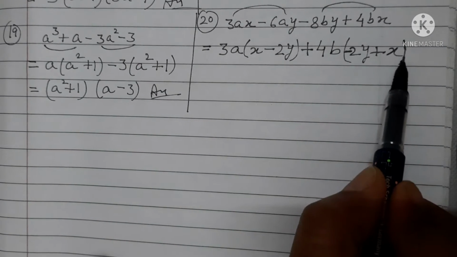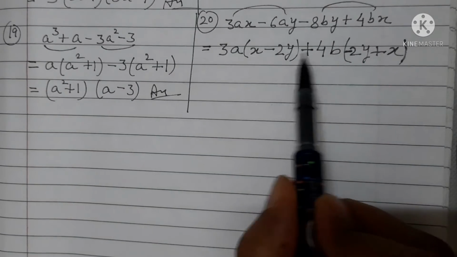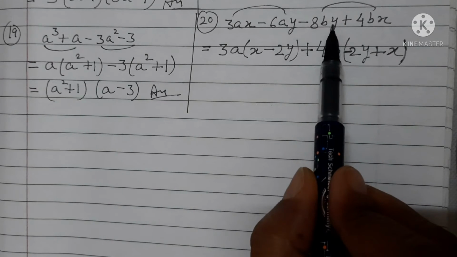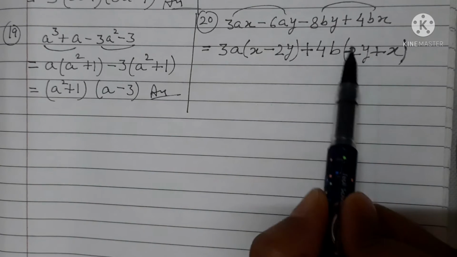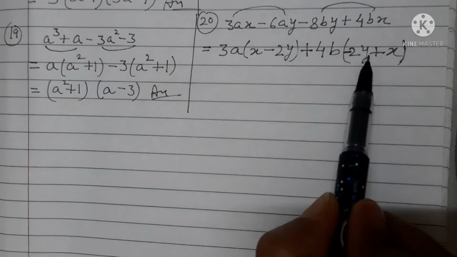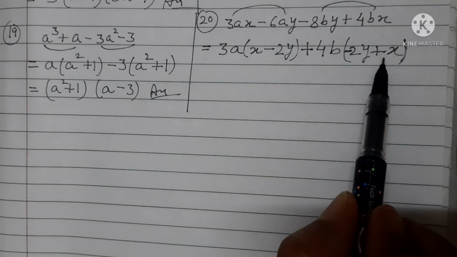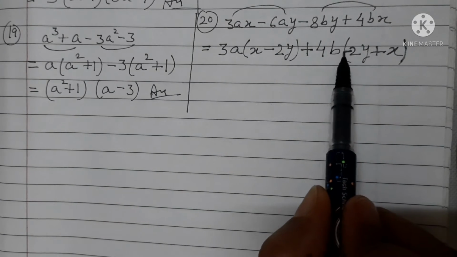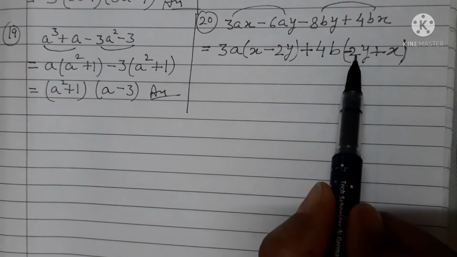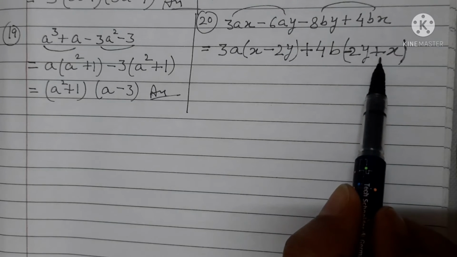Don't make a mistake when you take out a plus or minus sign as common. See the term, if it is negative, then make it the same sign, and compare it to the other term and make it common by taking minus common or plus common. Okay, so this is the most important thing for factorization.